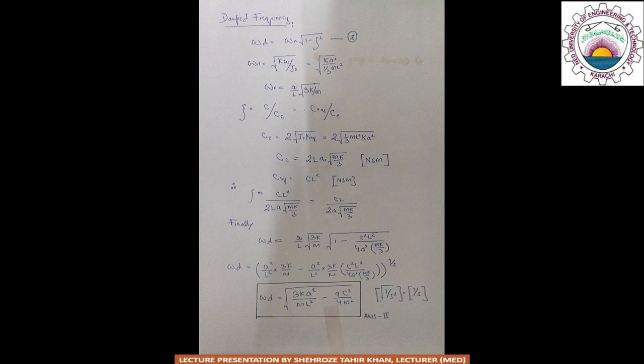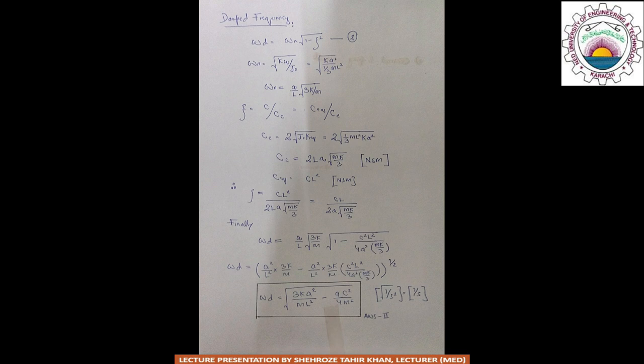By substituting C equivalent in place of C in this equation, we get zeta is equal to C equivalent upon Cc. Since we also know that critical damping constant, that is Cc, is given by 2 under root J naught into K equivalent, or Cc is equal to 2 under root 1 upon 3 ml square Ka square.